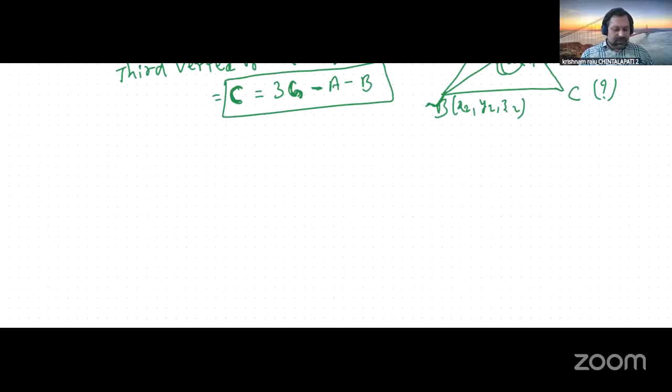Right. Now next, note down tetrahedron. Next concept is tetrahedron.